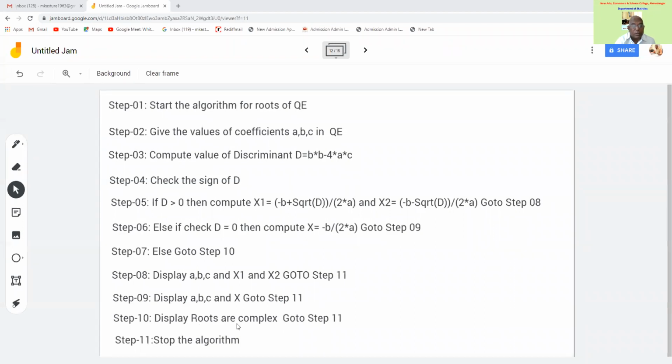And once we say roots are complex, we will again stop the algorithm. This is the algorithm for roots of quadratic equation. Here, step number 5, step number 6, step number 7 are very important steps, because here you are checking the condition: discriminant greater than 0, discriminant less than 0, discriminant equal to 0, and accordingly the decision branches are different. So that is the most important thing you have to remember.